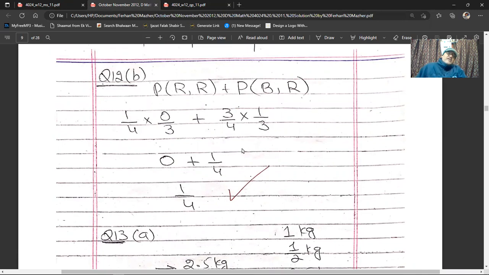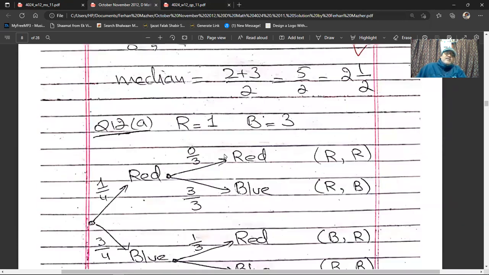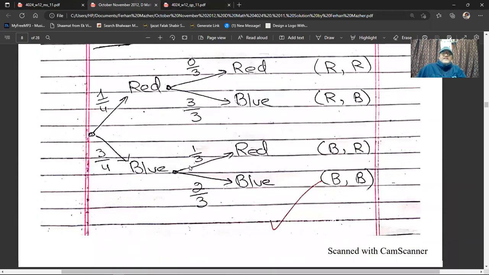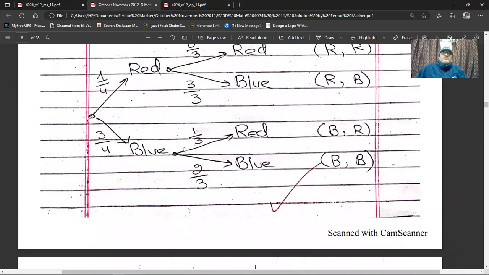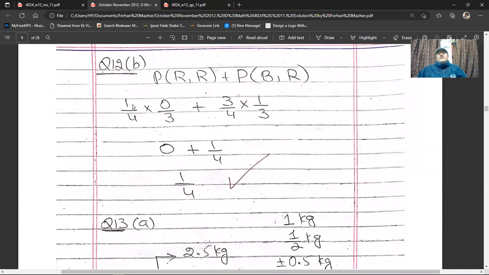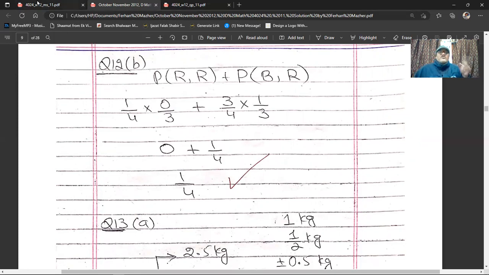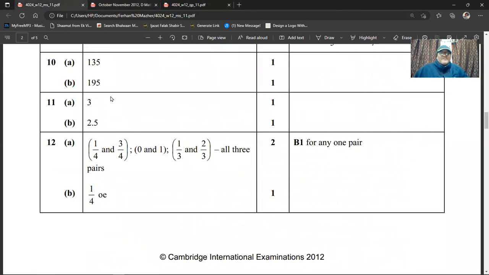From this tree, red comma red will be 1 by 4 multiplied by 0 by 3, and blue comma red will be 3 by 4 multiplied by 1 by 3. Because of this 0, this whole thing will become 0, and this will become 1 by 4. So getting a second ball red is 1 by 4. So 1 by 4 is the right answer, sir. This answer is also right.